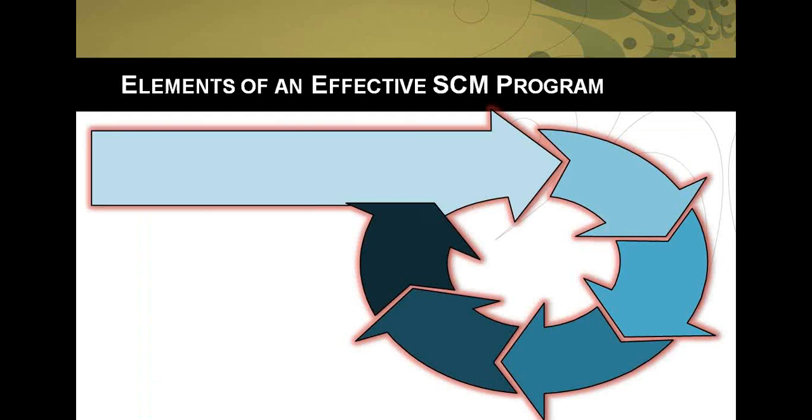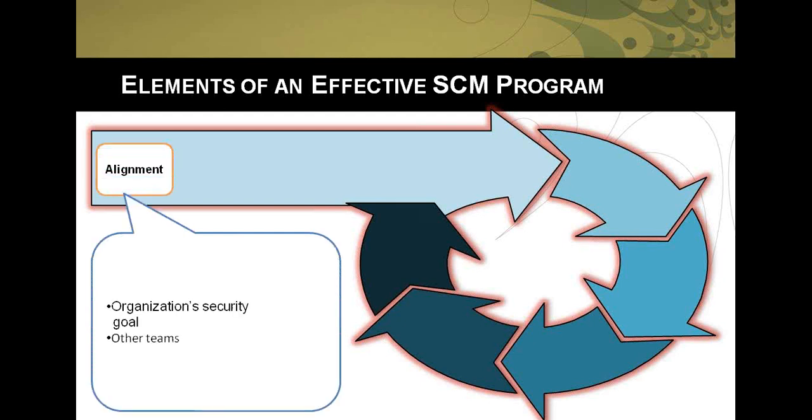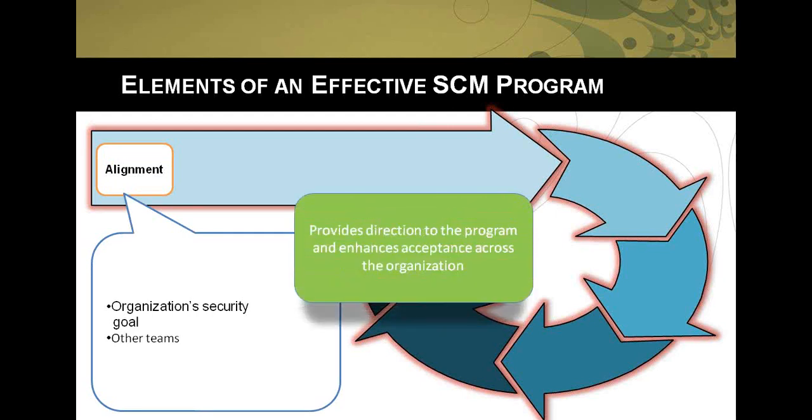Now let's look at some of the vital elements of an effective SCM program. First and foremost, it provides direction to the program and ensures the acceptance of the program across different departments and teams.